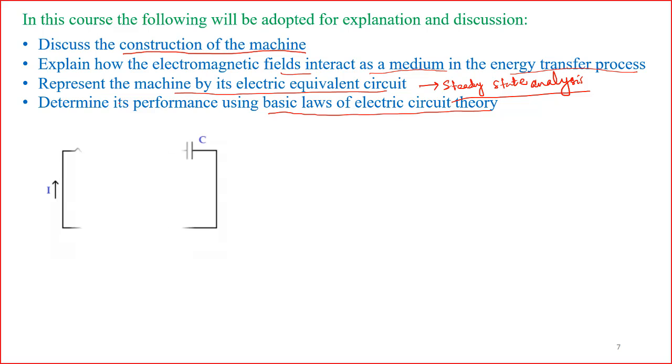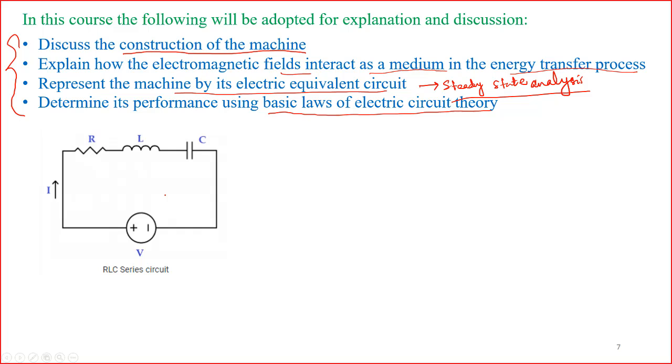So these are the steps by which we'll analyze every machine we talk about here, like your transformer, DC machines, AC machines, like induction motors and synchronous generators. All these things we'll discuss by considering these principles of explanation and discussion.